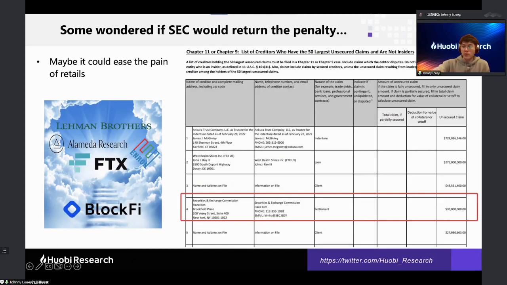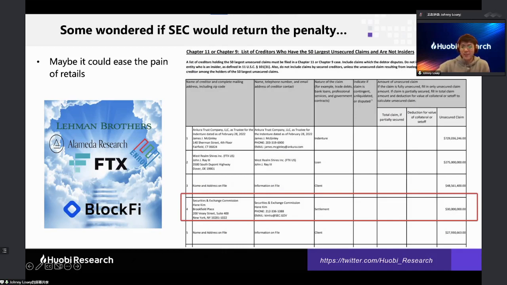They absorb a lot of money from retail investors, same as FTX, and in the end, retail investors are wrecked with no protection. Some people suggested that the SEC could find a way out, undo the settlement and the penalty, to pay back the retail investors a little bit to help them.